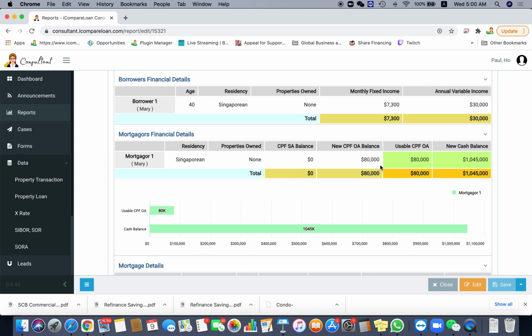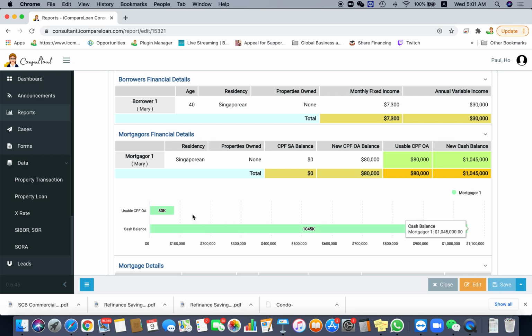CPF OA balance is 80,000. That's actually after decoupling, the OA balance comes back into her account, right? And of this 80,000, since she has no other property, usable CPF OA is calculated at 80,000. After the sale proceeds, she would receive 1.045 million. So this is the cash that she has.